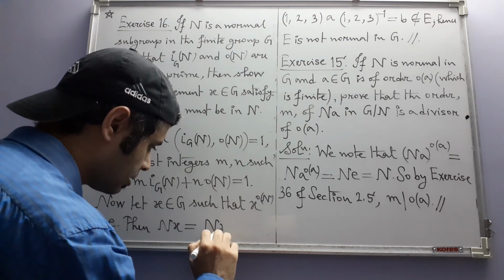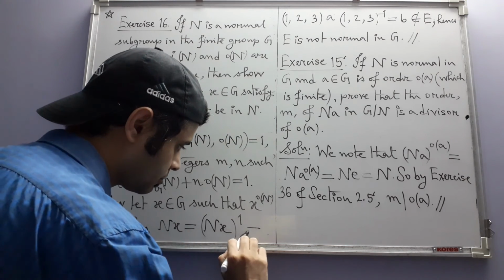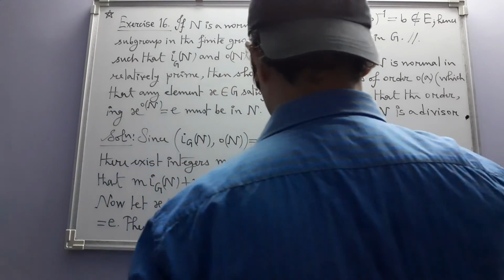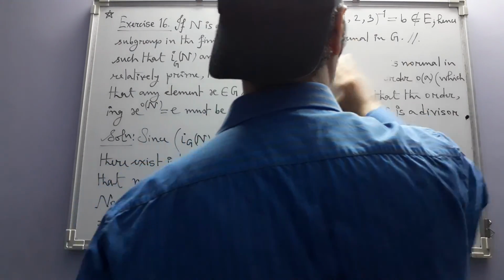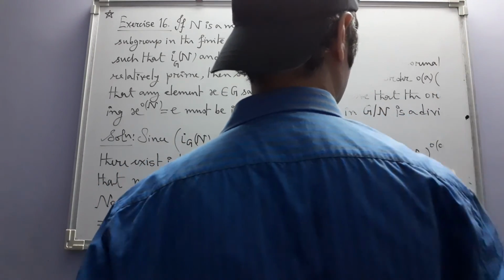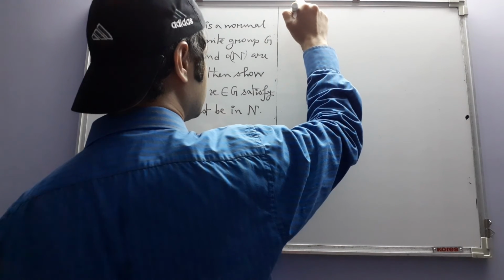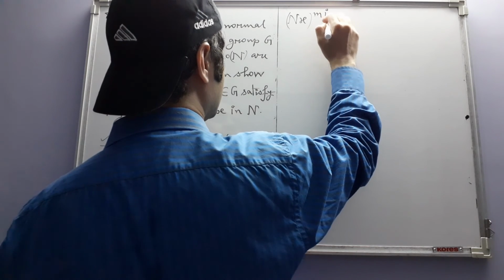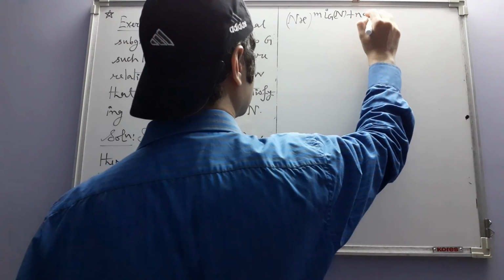NX can be written as NX to the power 1, and in place of 1 we can write this. So this will be equal to NX to the power m times the index of N in G plus n times the order of N.